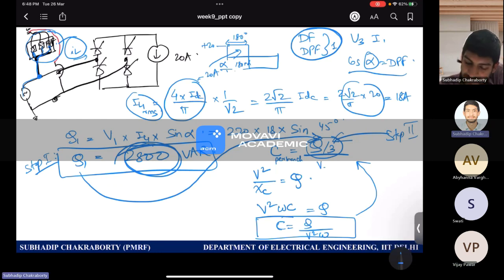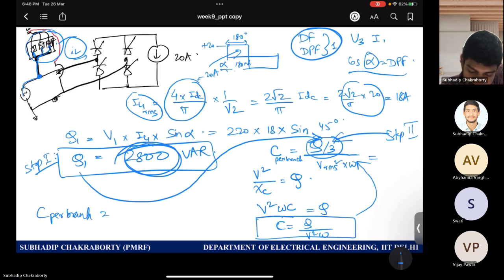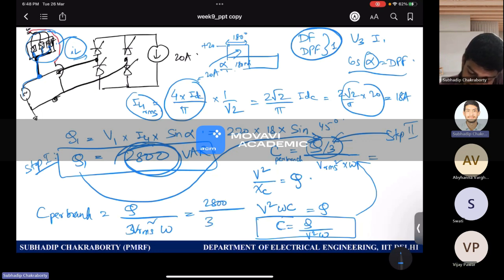So V RMS obviously. What is it coming? Calculate. C per branch is coming as Q by 3 VRMS square omega. Calculate: 2800 by 3, omega is 2 pi into 50, VRMS is 220 square.